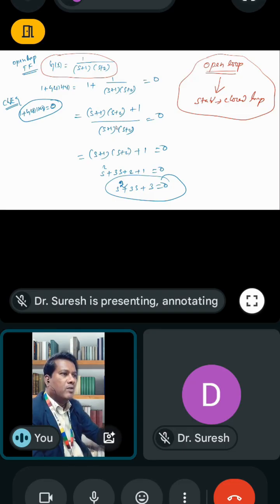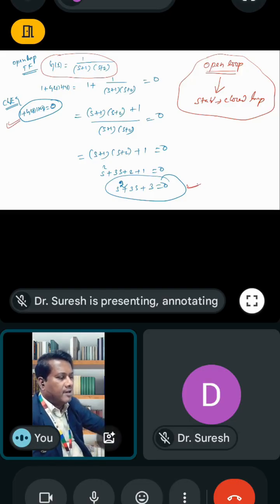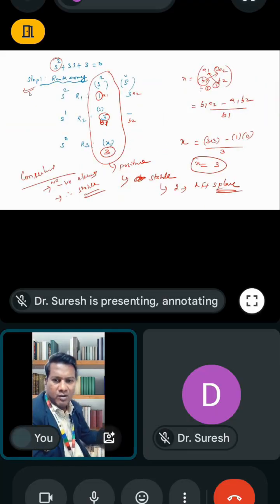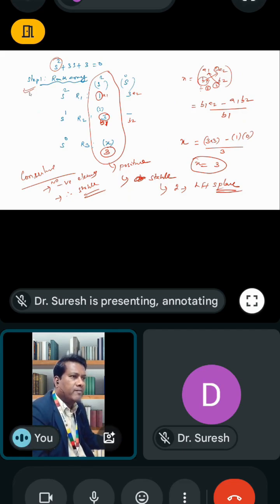We use one simple example. G(s) equal to 1 by (s plus 1)(s plus 2), which is an open loop transfer function. First we have to find the characteristic equation. After finding it, construct the Routh array starting from the highest power to the last power.